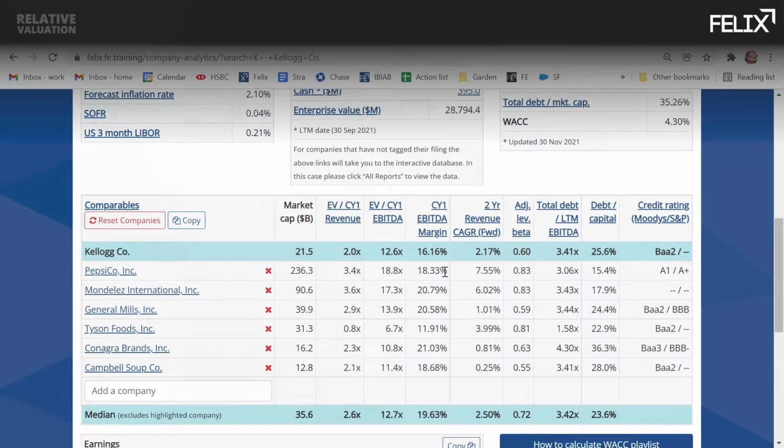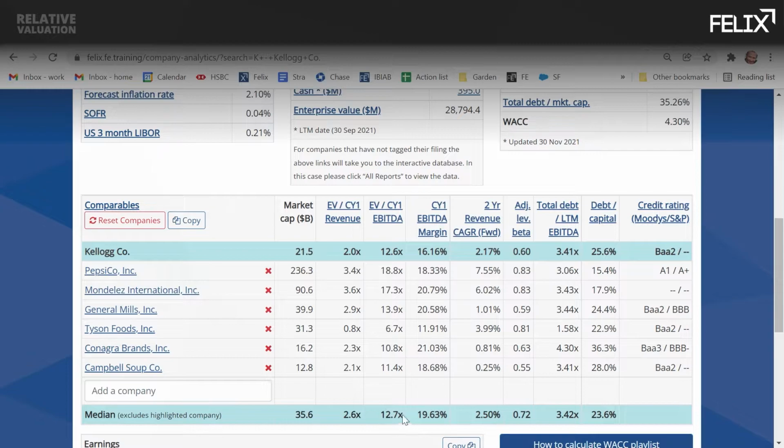And higher margins mean also that the growth is more valuable, but also the business model tends to be more robust. You've got more competitive advantage, which is why you can achieve higher margins. And that will either be because you have more pricing power, or because you have a better cost structure.